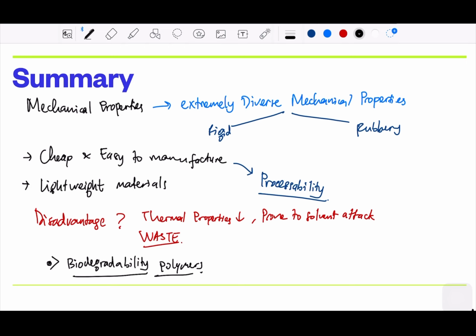How to make a polymer that has good biodegradability? Which means, when you throw away your polymers, they will decay easily and will not become waste. Some polymers become waste because they won't degrade, they won't decay.